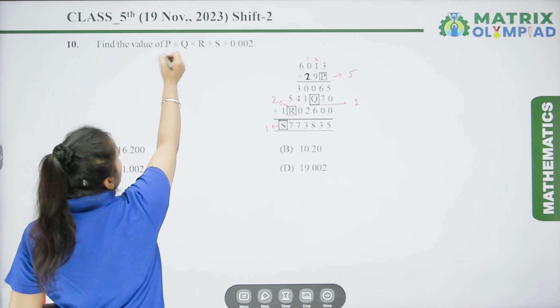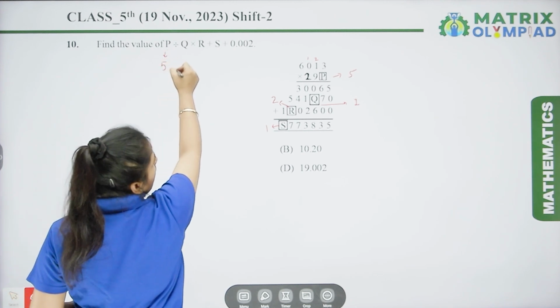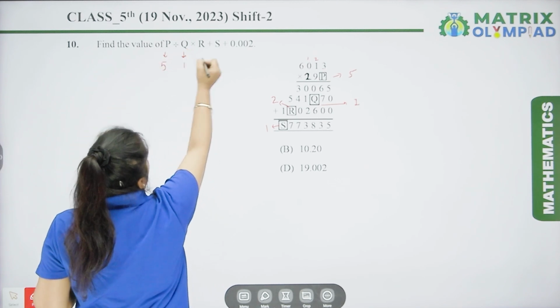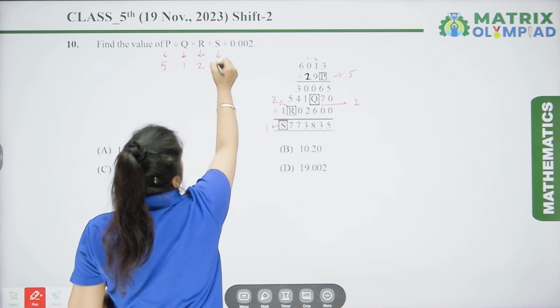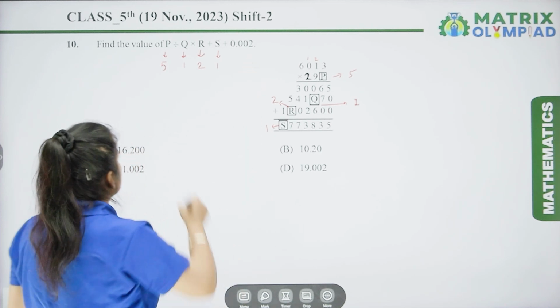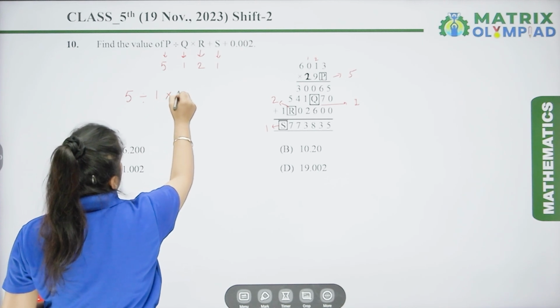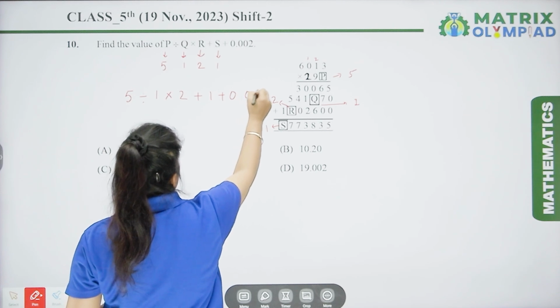Let's put the value. P is 5. Value of Q is 1. Value of R is 2. Value of S is 1. And here rest value is same. So here 5 divided by 1 multiply by 2 plus 1 plus 0.002.